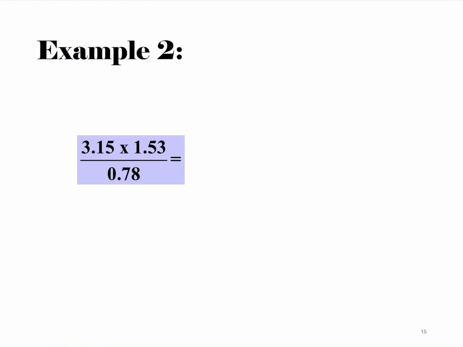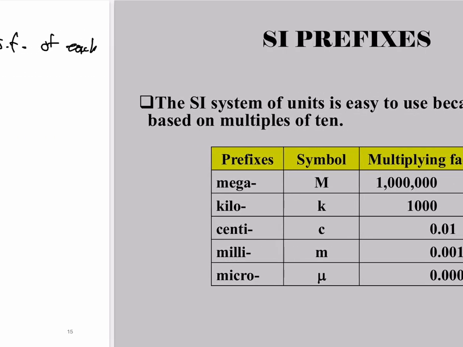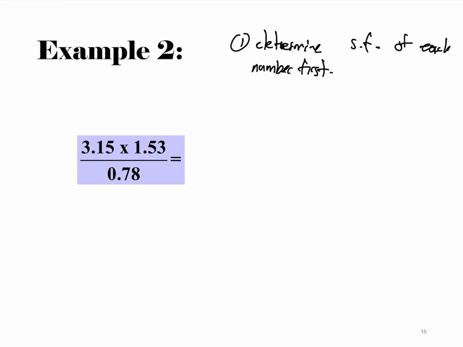So calculate the number of sig figs and calculate the answer that's going to be here in this problem. All right, so first step, determine the significant figures of each number first.